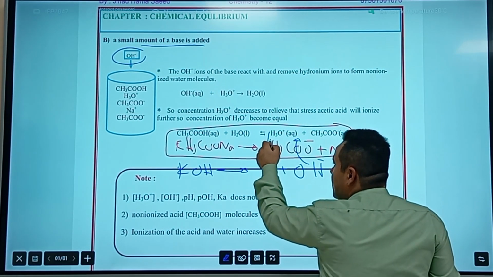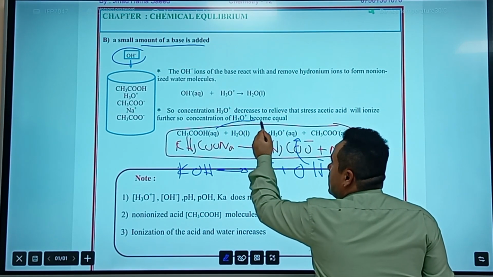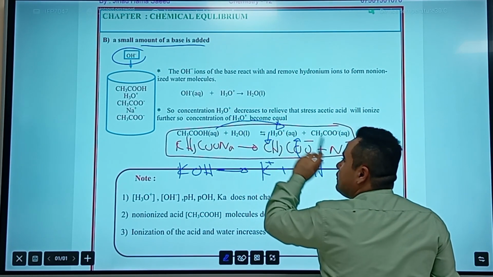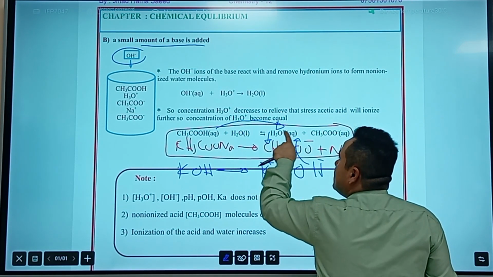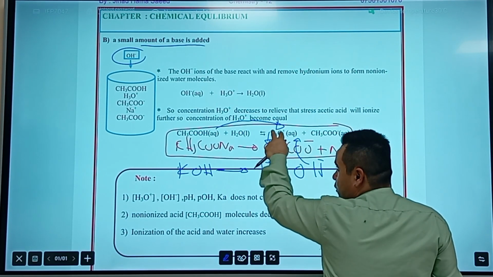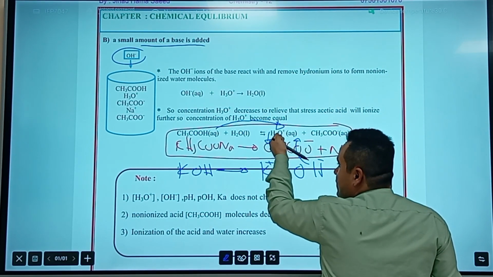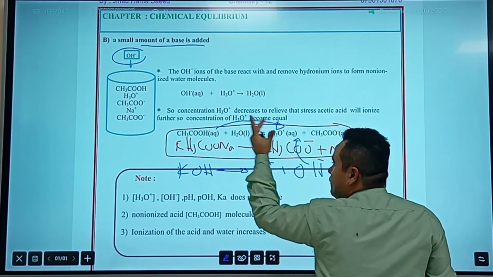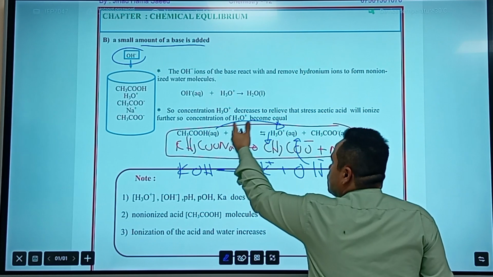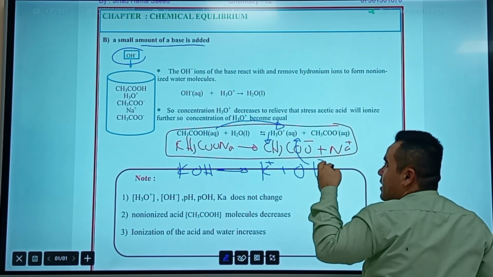And as the hydronium is reduced at the beginning, the equilibrium shifts toward the formation of the product, because there will be some space here, so the shift in equilibrium goes toward the product side to compensate for the hydronium loss.